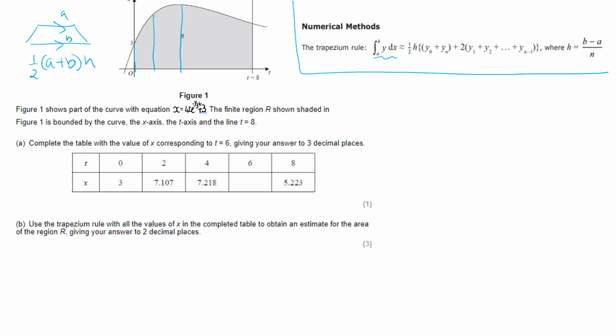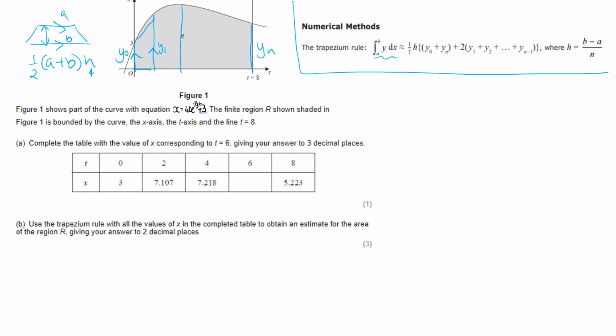Now a and b are the two parallel sides and h is the distance between them. But when we have our trapeziums going this way, a and b are the vertical parallel sides. They are the y ordinates. So we've got y0, y1, etc.